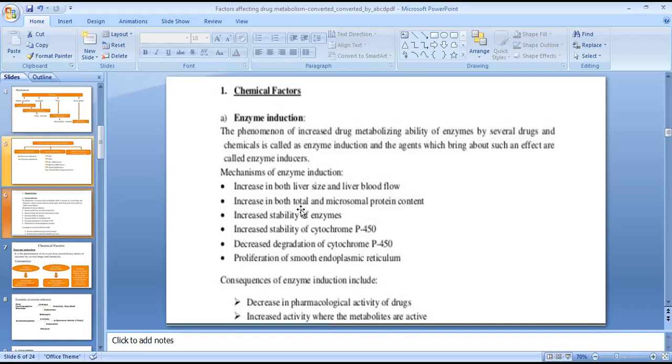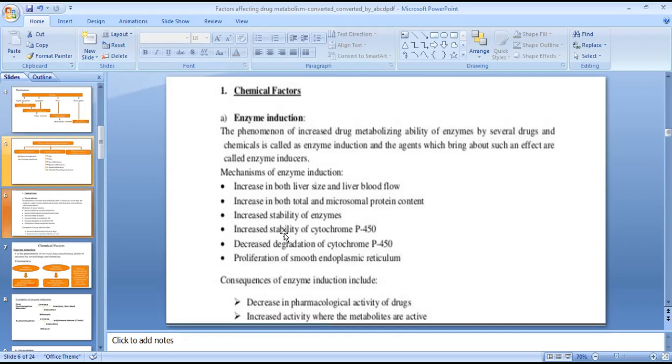An increase in both total and microsomal protein content is also going to affect the enzyme induction. Then increased stability of those enzymes. See, we all know enzymes are very specific in nature and they are unstable towards temperature.